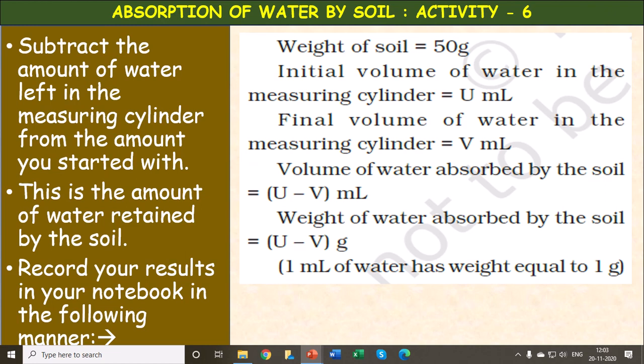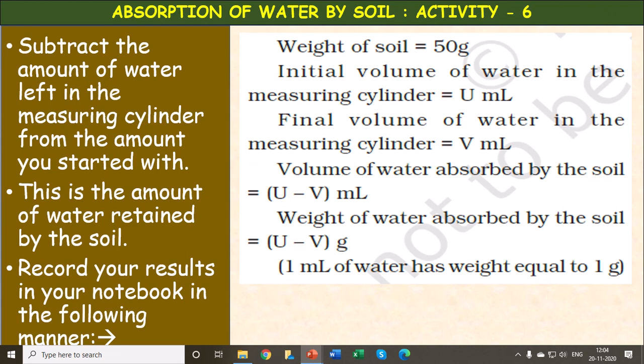Now calculate: the volume of water absorbed by the soil is equal to capital U minus capital V in ml. The weight of water absorbed by the soil is equal to capital U minus capital V in grams.